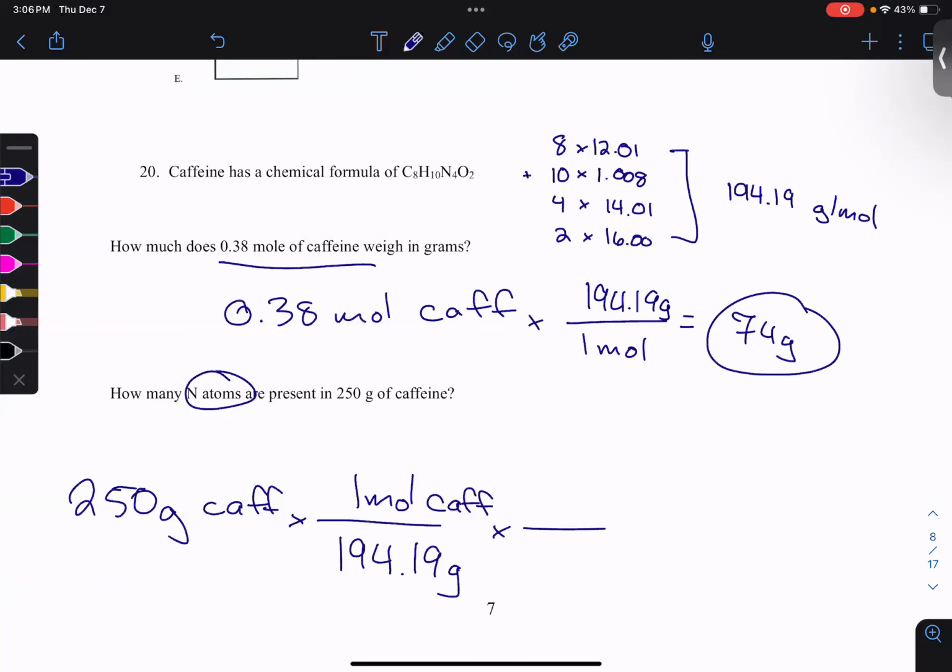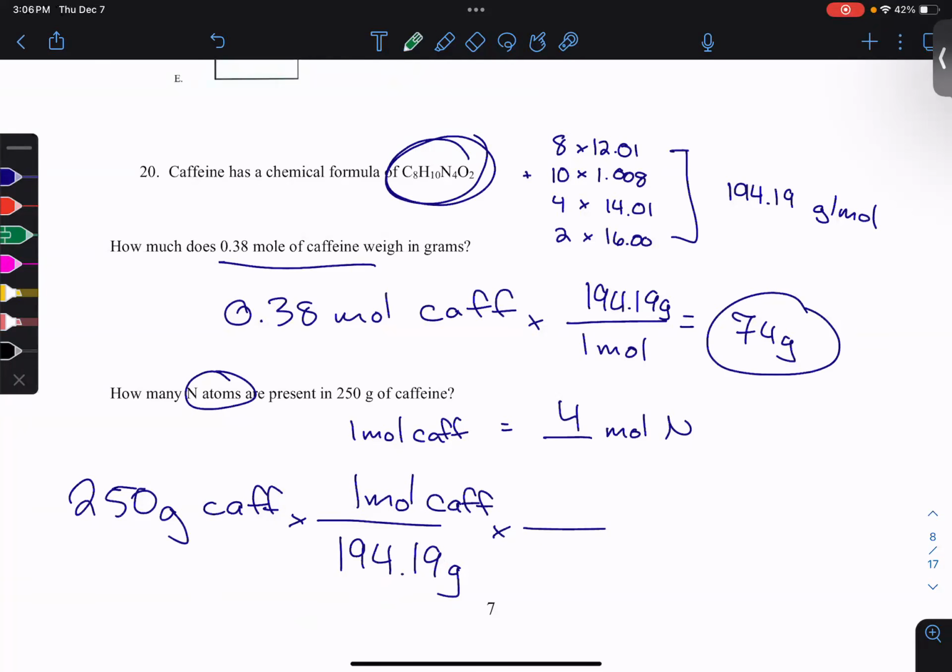So there's a couple ways you can do this. If I have 1 mole of caffeine, how many moles of nitrogen atoms do I have? 4. How did you know that? The chemical formula, yeah. So whatever number we just got, we need to multiply that number by 4.